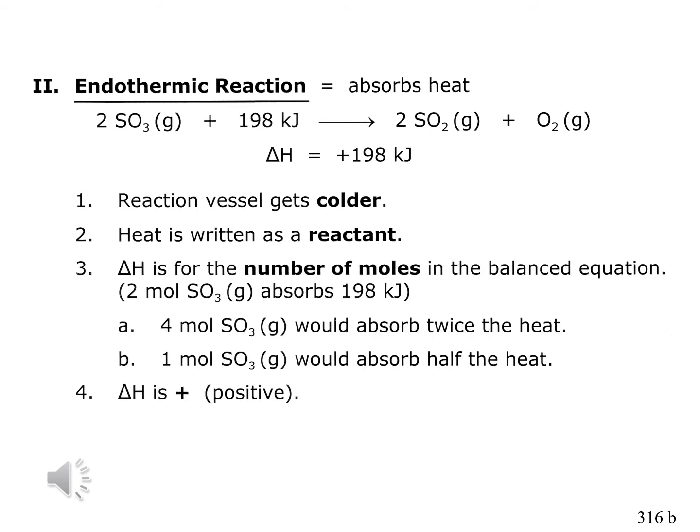The delta H is positive because the system is absorbing heat, but you can say the same thing that we said for exothermic. Delta H has to be for the number of moles in the balanced equation. So since 2 moles absorbs 198, 4 moles would absorb twice as much.